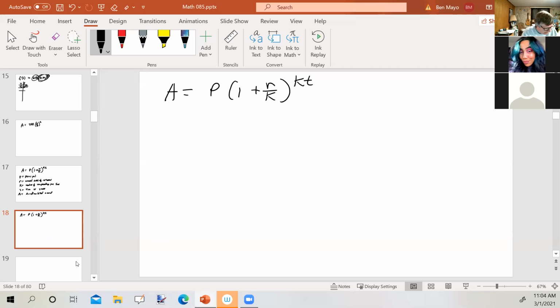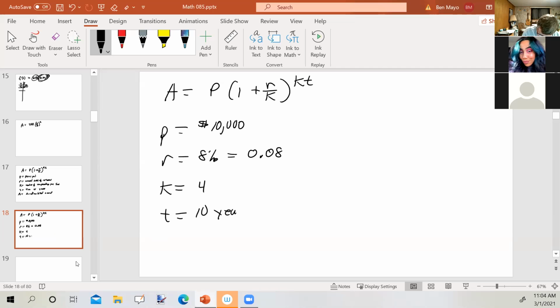An initial deposit of $10,000, so that's the principal, earns 8% interest, so that's the interest rate, which we're going to rewrite as a non-percent number, so 0.08, okay? Compounded quarterly, so the interest is compounded 4 times a year. How much will be in the account after 10 years?